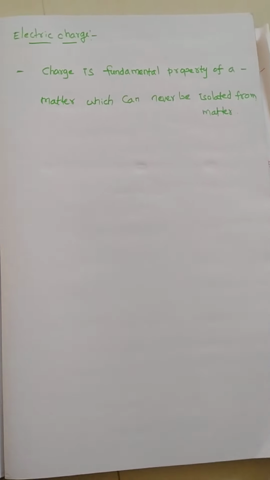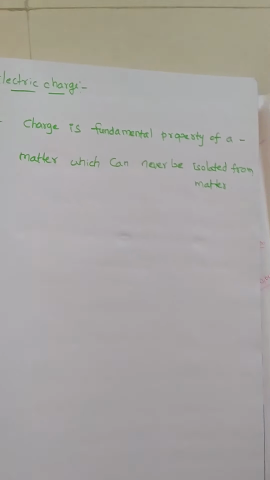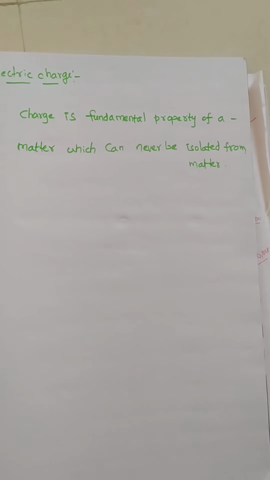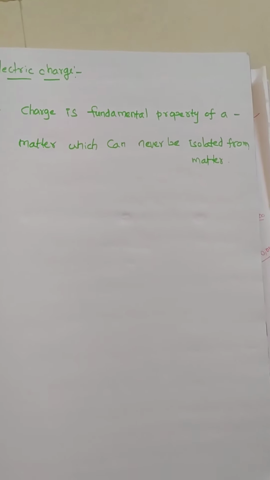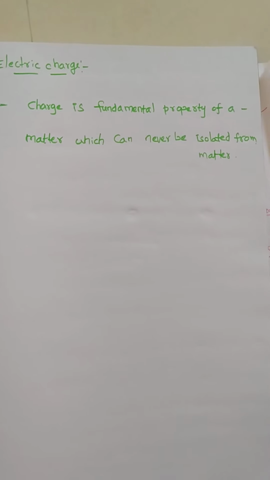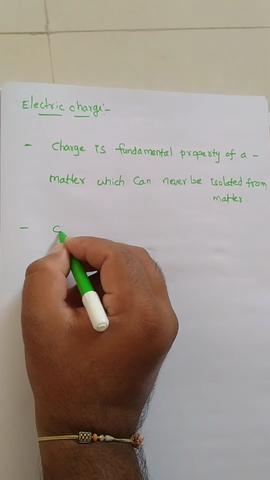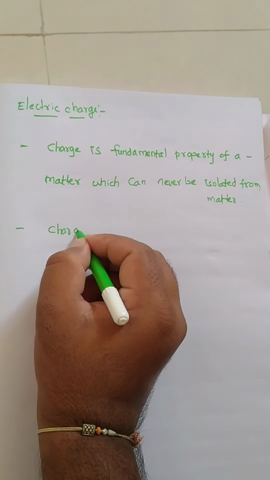So it is actually a fundamental property. Length is a fundamental property, mass is a fundamental property. Like this, charge is also a fundamental property of matter, which can never be isolated from the matter. Actually charges are classified into two types.